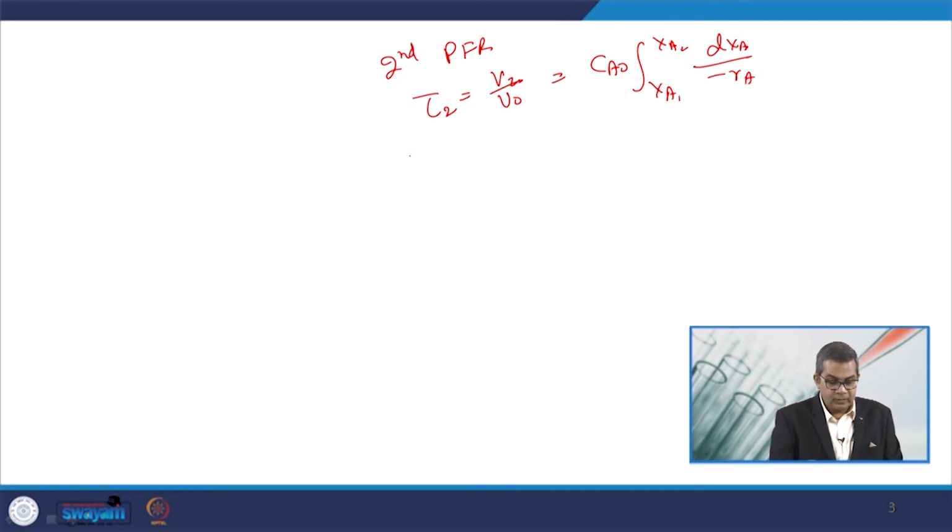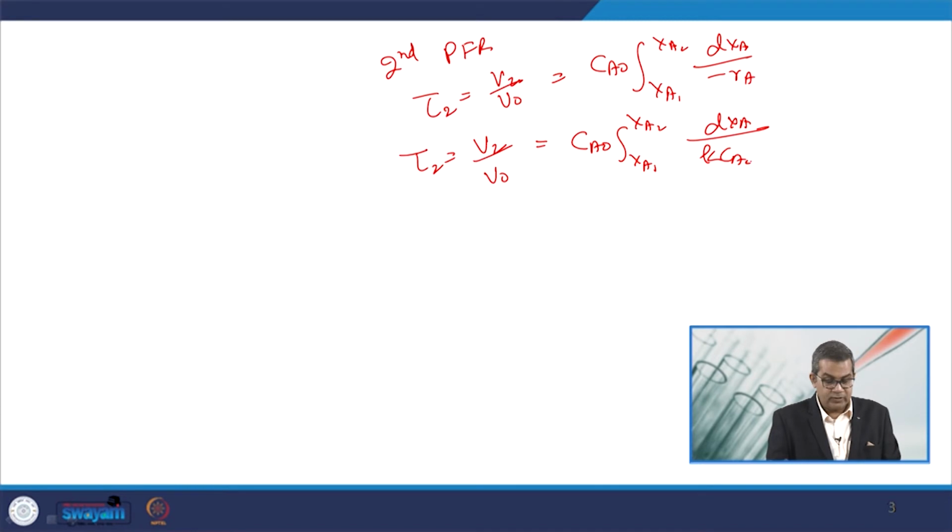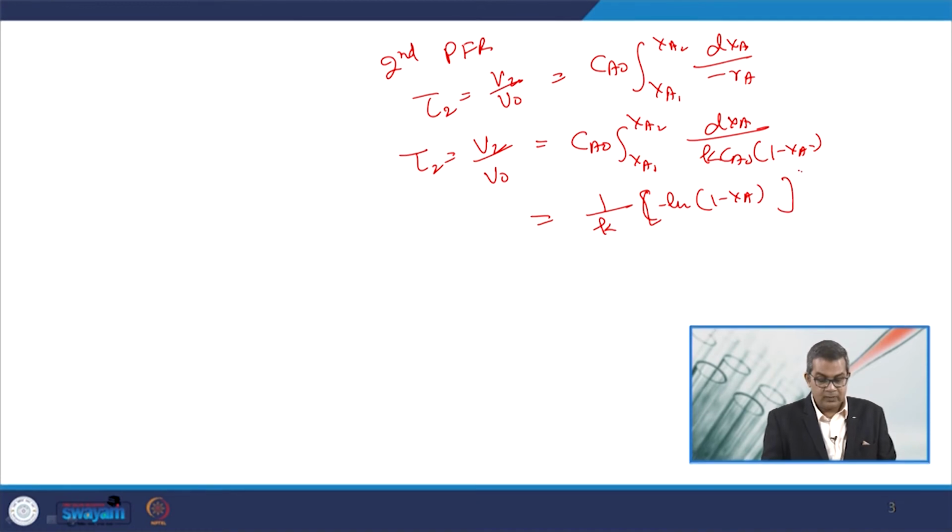If we solve it, tau 2 is equal to V2 upon V0 is equal to integral of dXA upon K (1 minus XA), which comes out to be 1 upon K ln (1 minus XA1) upon (1 minus XA2).